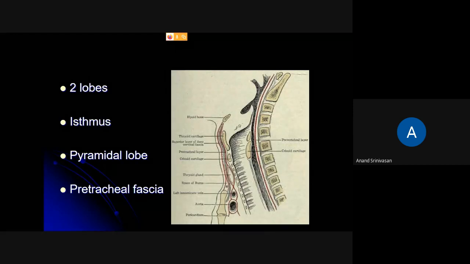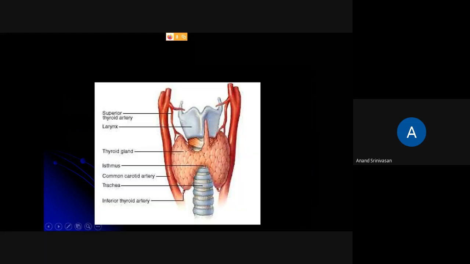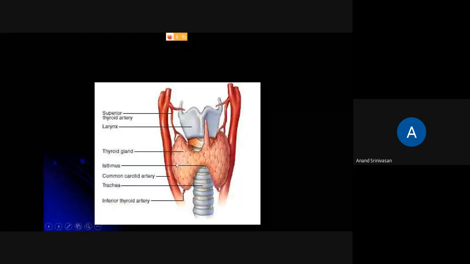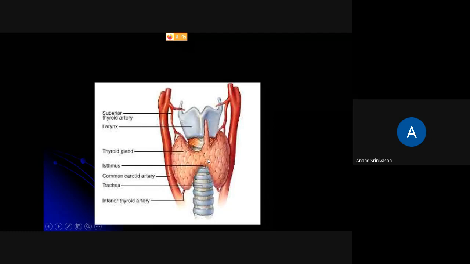The thyroid gland has got two lobes. Here you can see the two lobes of the thyroid gland, which are connected by an isthmus. This is one lobe, this is another lobe, right and left lobes connected by the isthmus, and there is a small part which rises up, called the pyramidal lobe.